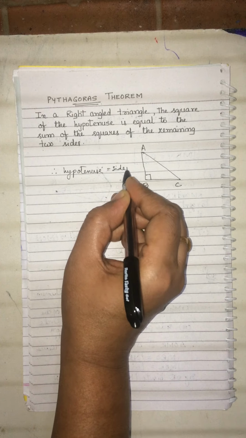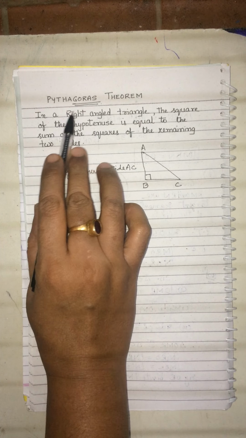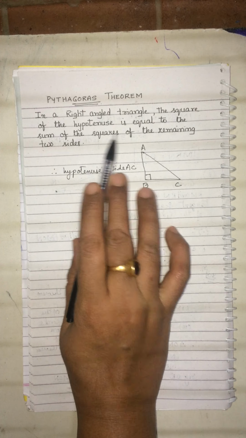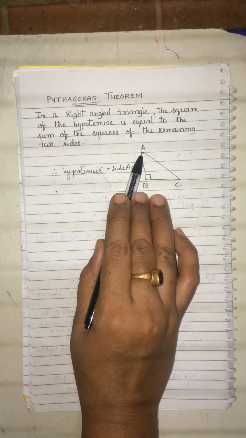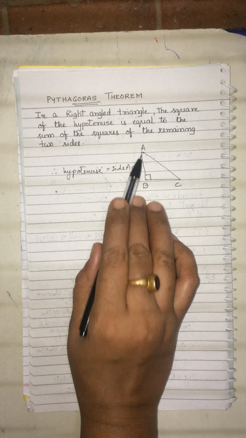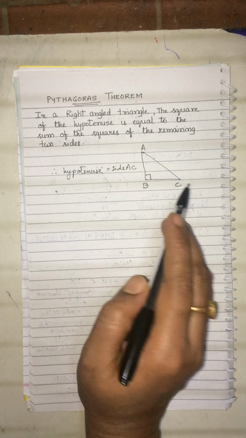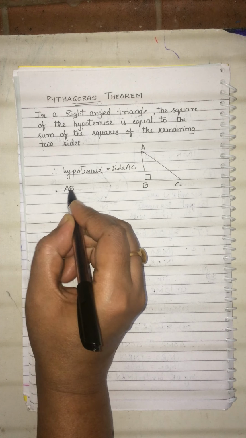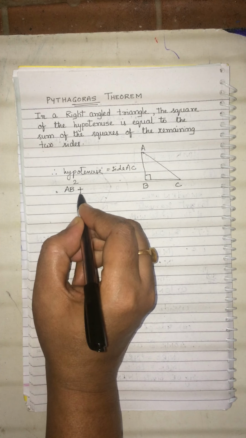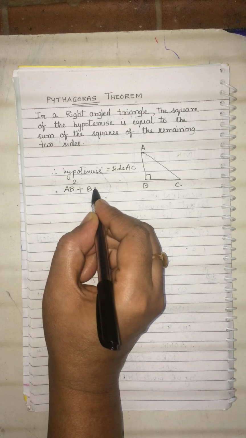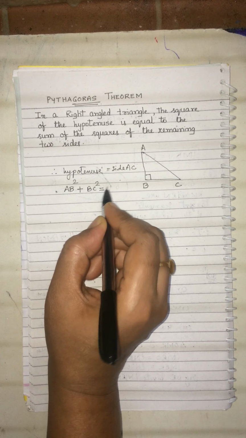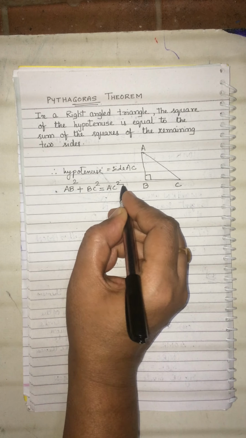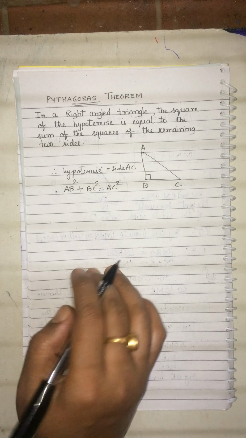and therefore what does the theorem say? That the sum of the squares of the remaining two sides. What are the remaining sides? AB and BC. Sum of the squares means AB square plus BC square is equal to the square of the hypotenuse, that is AC square.